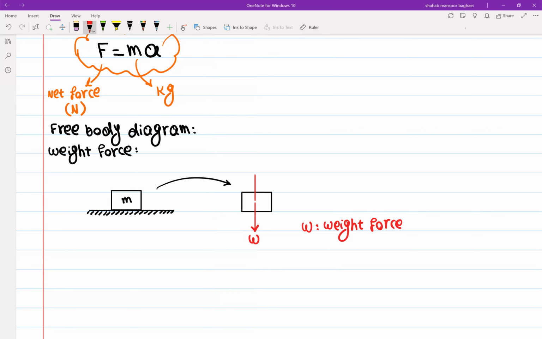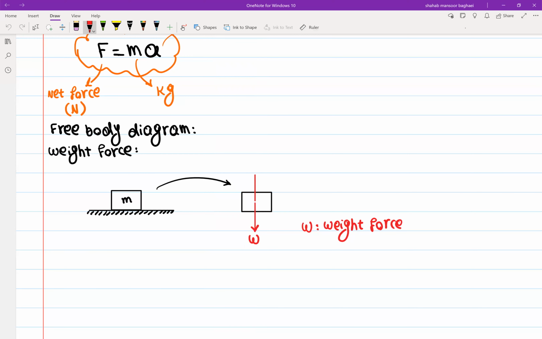You can apply every force from the middle point of your object. I mean, you can plot every force from the centroid of your particle or centroid of your rigid body. Meaning that focus on the middle point. And you can concentrate all of the mass at the centroid.